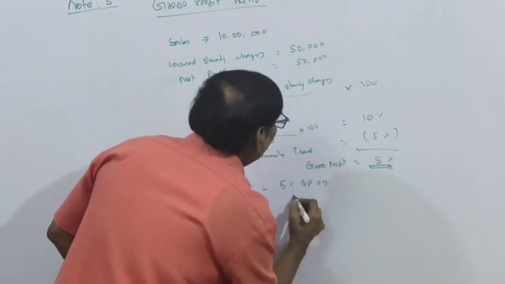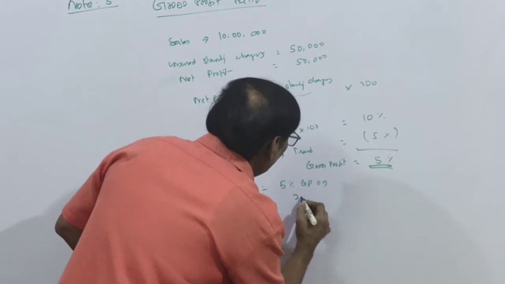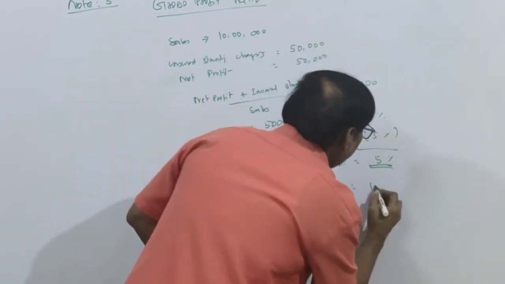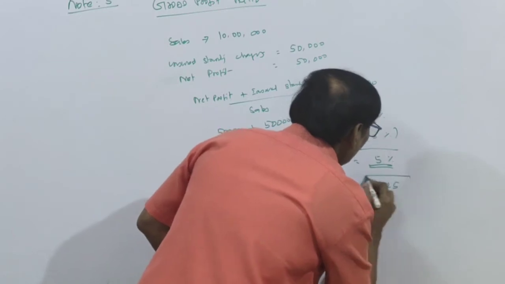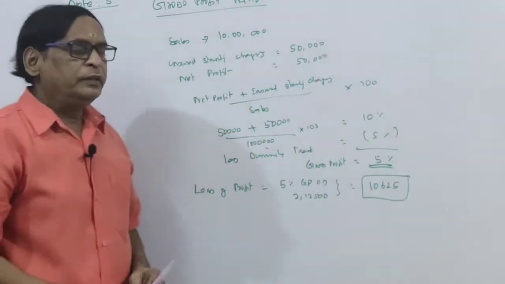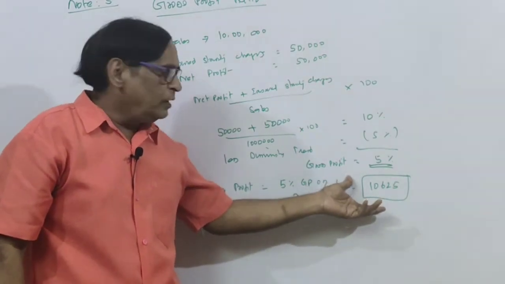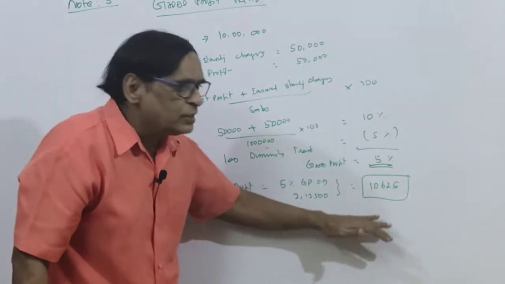How much? 5% of 2,12,500 will come around 10,625. So this is the loss of profit. This is the claim we have to put forth, so this amount will be recovered from the insurance company. This is the first point.